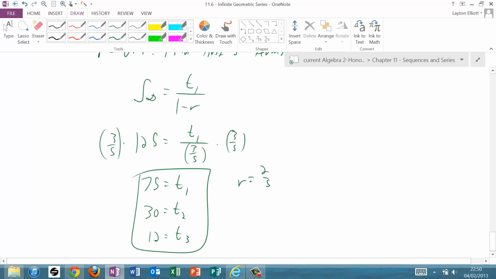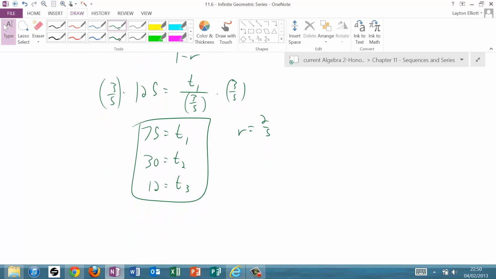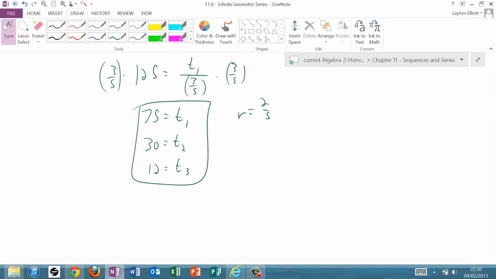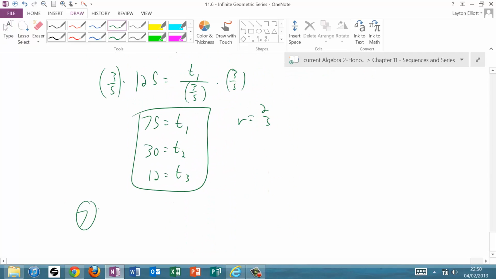So that's one example that we could do. Let's do another one of those. Let's say number 7. If I say the first term is -7, and the sum is, let's do 200.